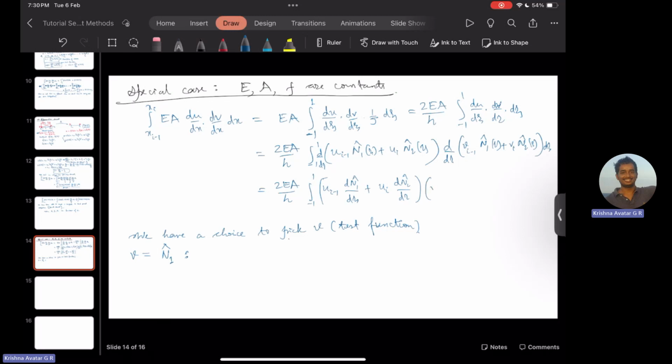So that we have v(i-1) dN1 hat plus vi dN2 hat by dz into dz. Right?